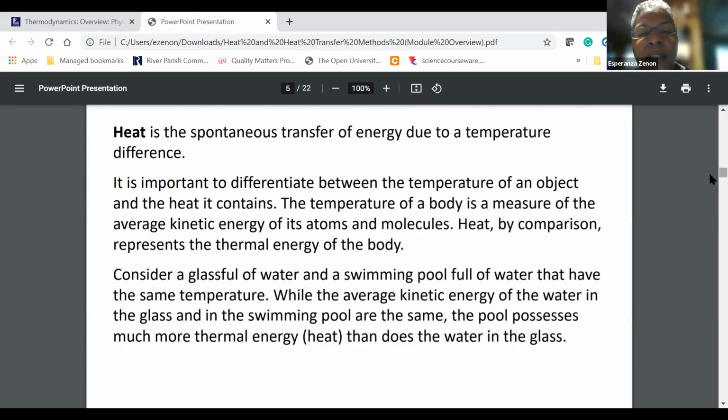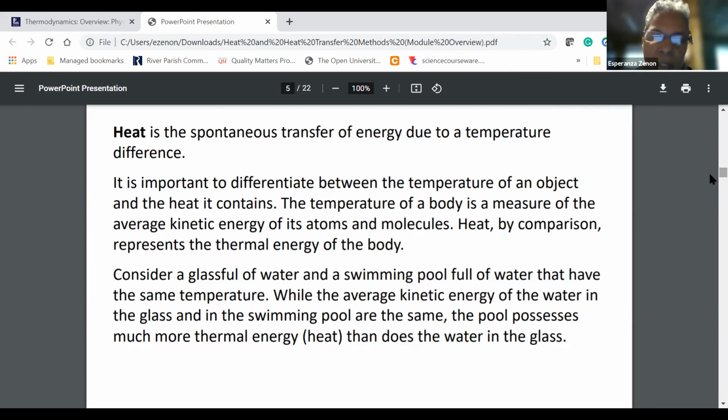So when you're taking the temperature of a substance or an object, what you're actually measuring is how energetic are the atoms and molecules that make up this object or substance. Heat, on the other hand, tells you about how much thermal energy that object possesses. And that thermal energy is dependent on a few things that we'll see in just a few moments.